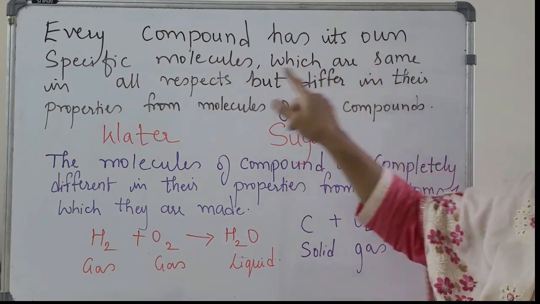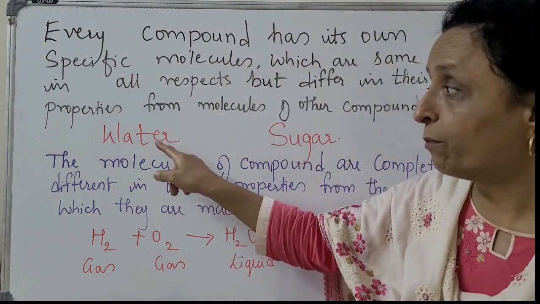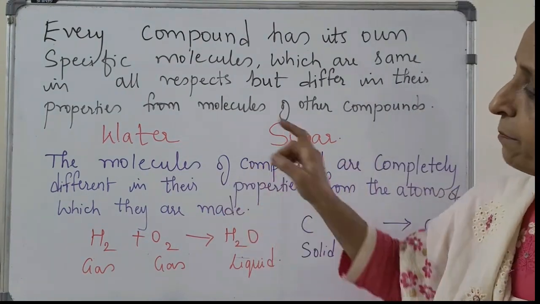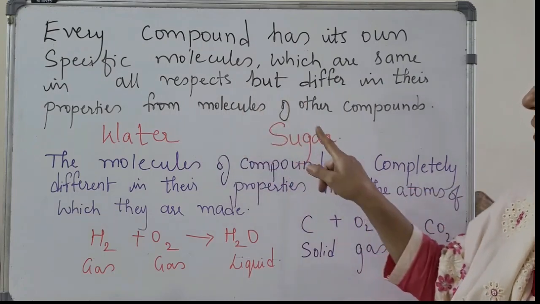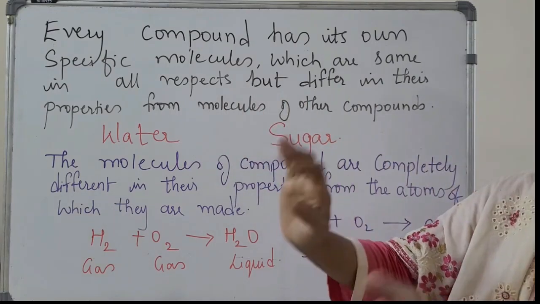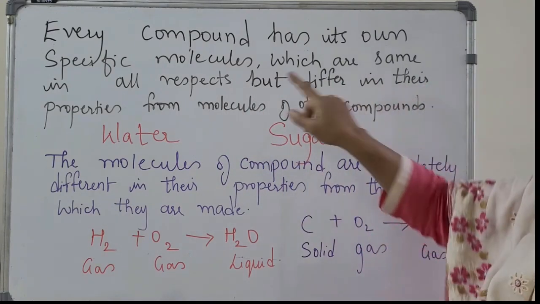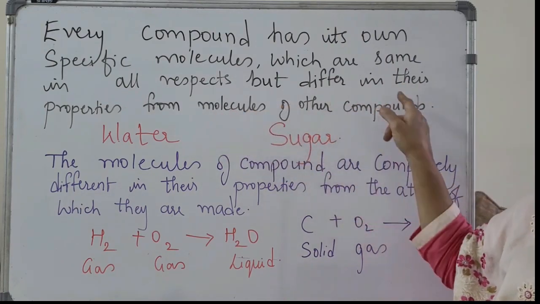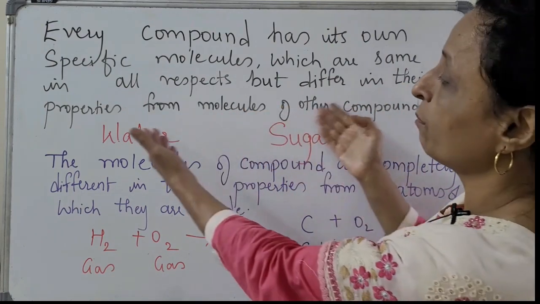Now, which are the same in all respects. So when molecules are formed, they will be the same in all respects for water. For sugar, all the sugar molecules are the same, but differ in their properties from molecules of other compounds. They are different compounds.